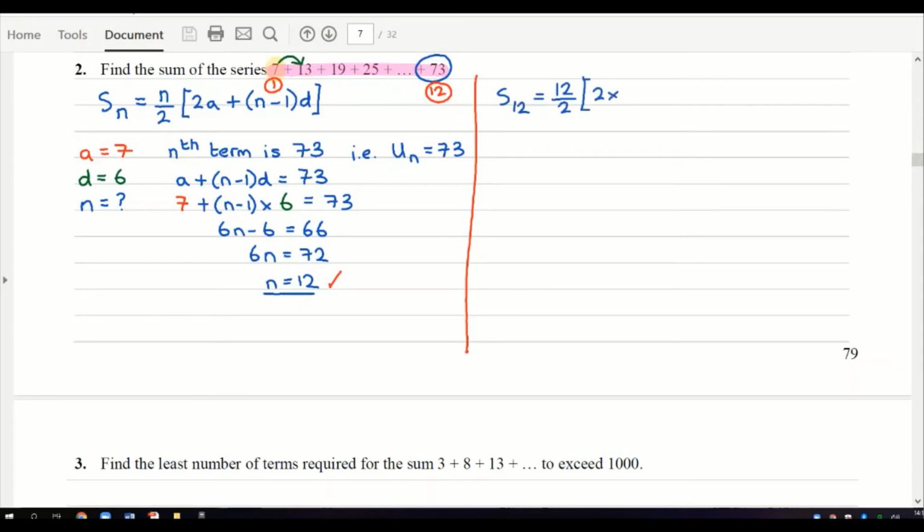So that's 2 multiplied by 7, added to n subtract 1. Now n is 12, so that's 11, multiplied by the common difference, which is 6. So a bit of number crunching. 12 over 2 is of course 6. And we're multiplying that by 14 plus 66, which is of course 6 multiplied by 80.